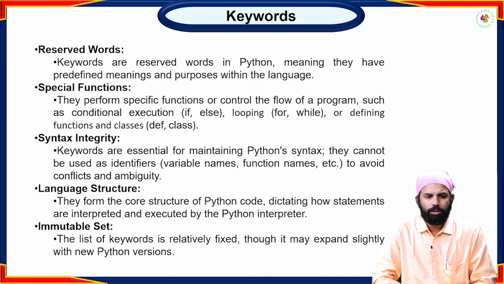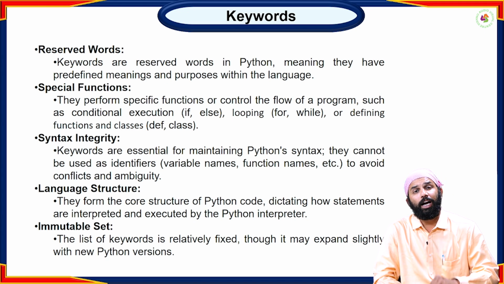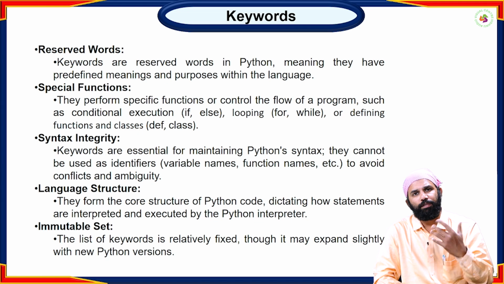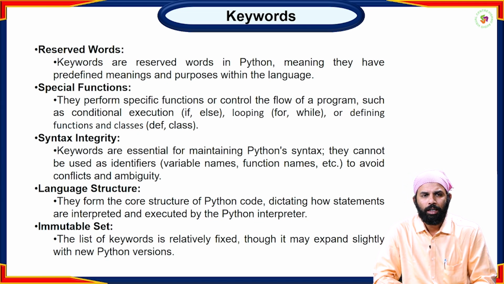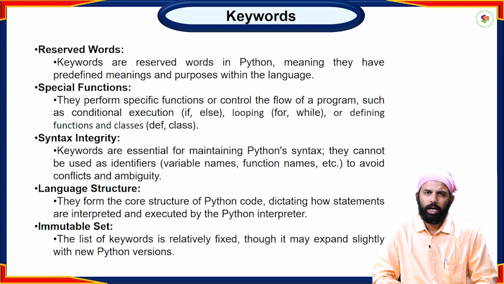The special functions, the built-in functions, we can perform with respect to control of flow of the program, or repetition of the code, or conditional execution of the code, or defining any particular function and classes. We are basically using different kinds of keywords.